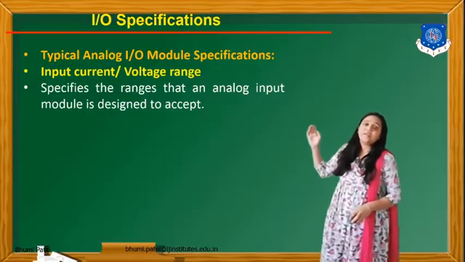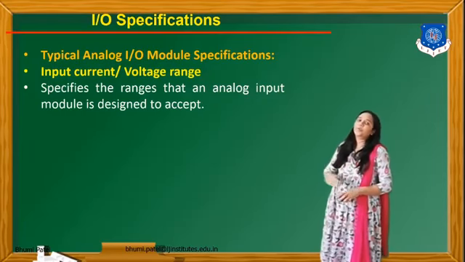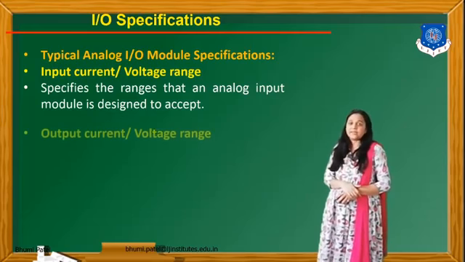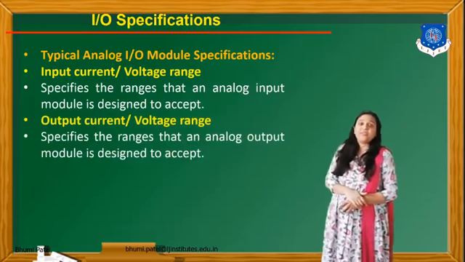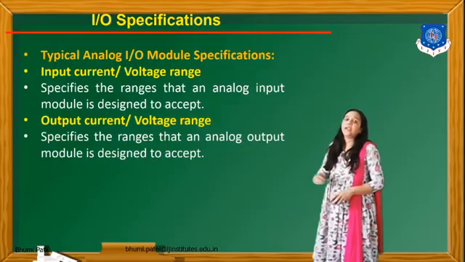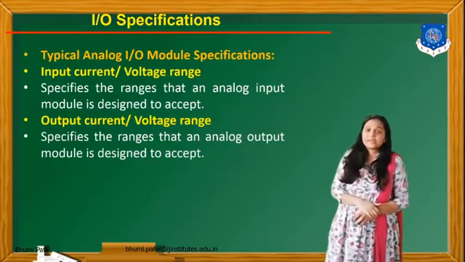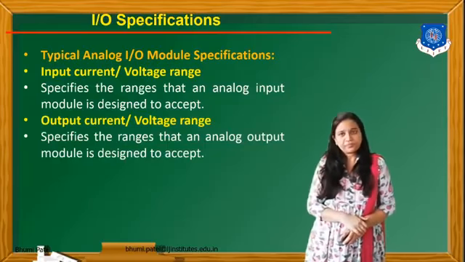It specifies the range the analog input module is designed to accept. Same for the output current and voltage range: it specifies the ranges that an analog output module is designed to accept.